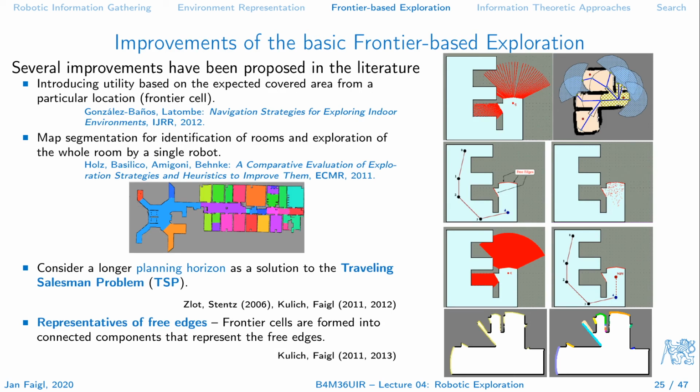That was the basic idea, but of course you can improve this concept, mostly using the notion of a utility function. Utility is the information you can acquire if you visit some location. One way is that you can project: if I put my robot or sensor here, I can see this part of the unknown part, so I can compute the expected covered part.